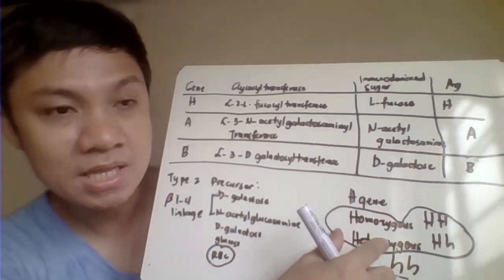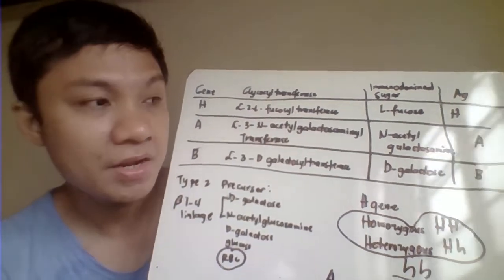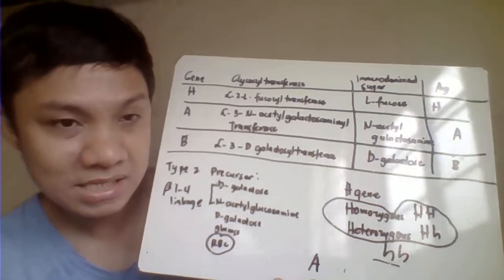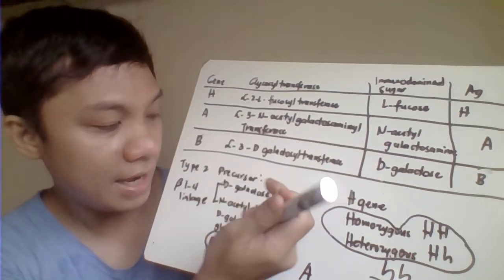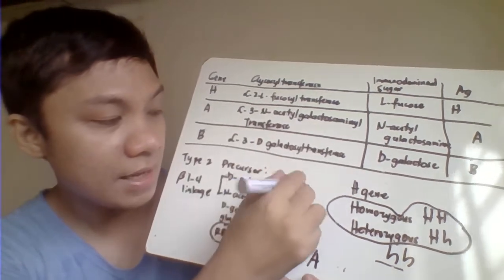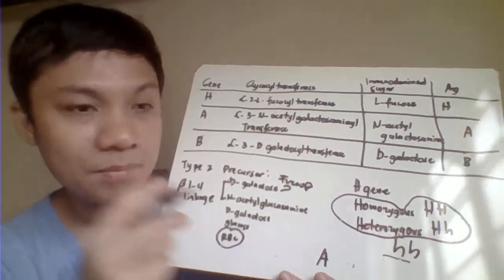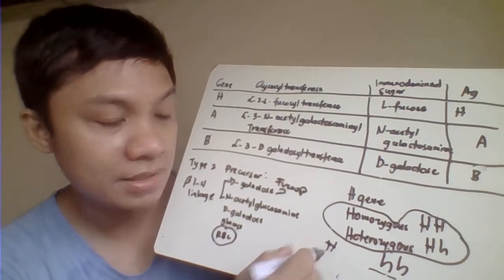If you have this gene, eventually you're going to have your fucosyl transferase that adds L-fucose. So, it adds L-fucose here on top. Once it adds L-fucose, the entire structure becomes your H antigen. Okay, so therefore, you now have H antigen.